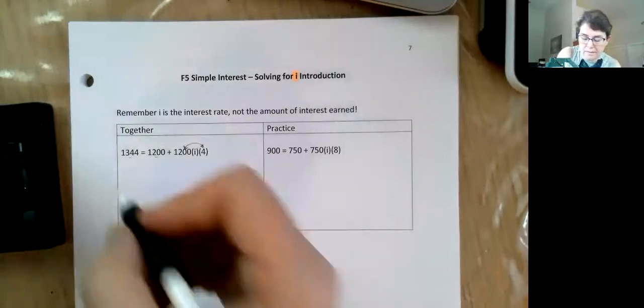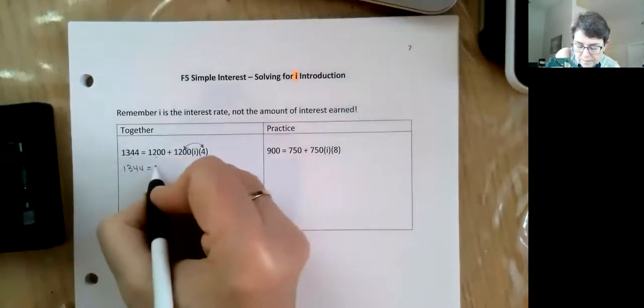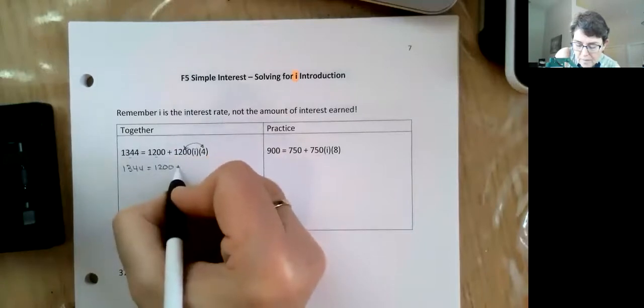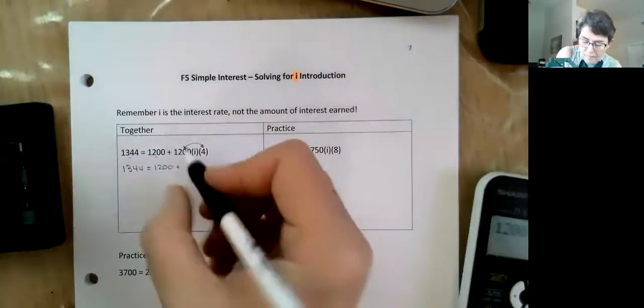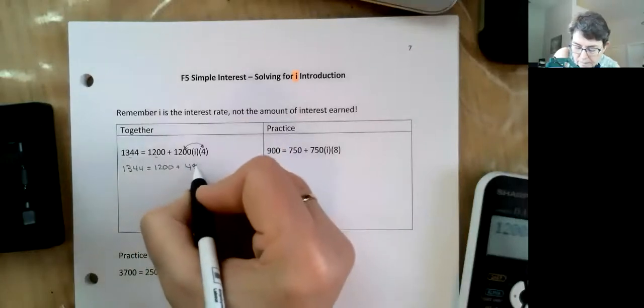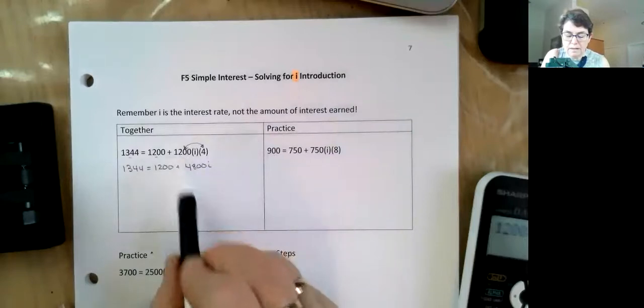Let's do that. That should be 4,800, times 4. Okay, so all I did was multiply these two together.